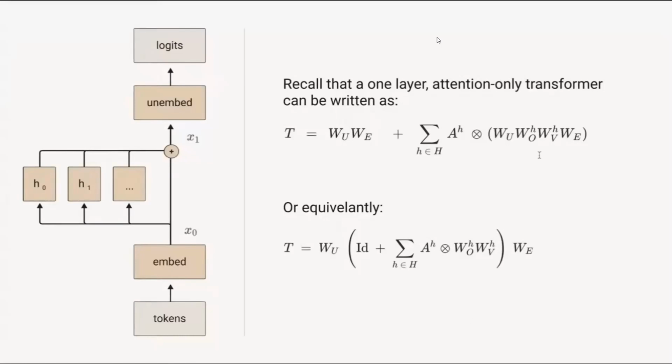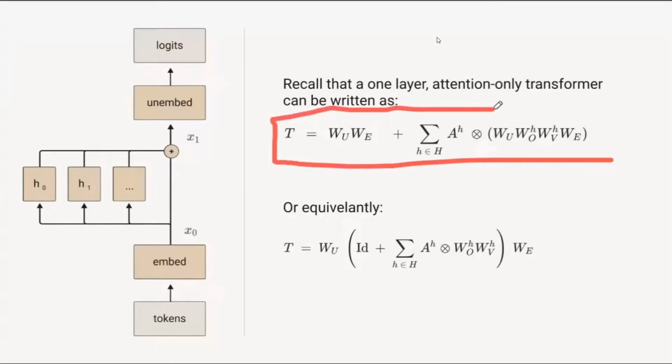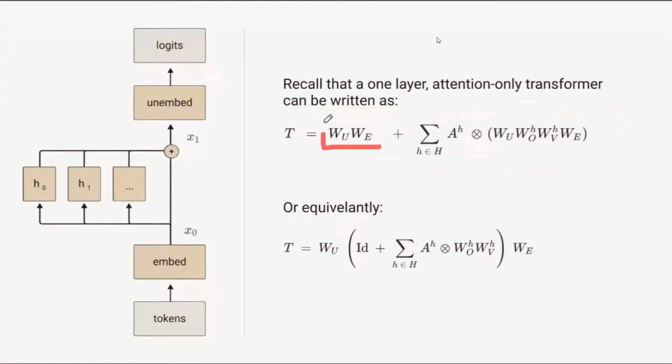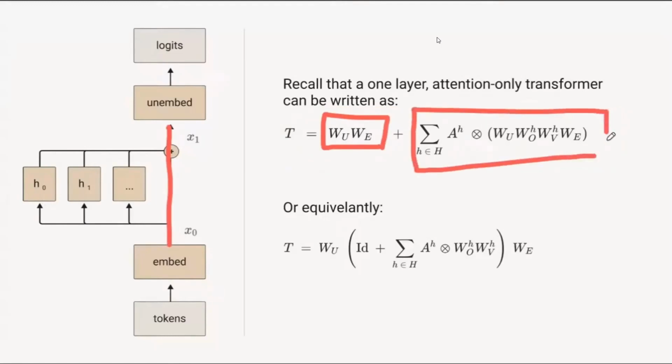So recall that in the previous videos, we developed a pretty nice equation for describing transformers. We were able to describe them in terms of, first, a direct path term that corresponds to this path here, and then terms corresponding to attention heads, which correspond to all of these paths.